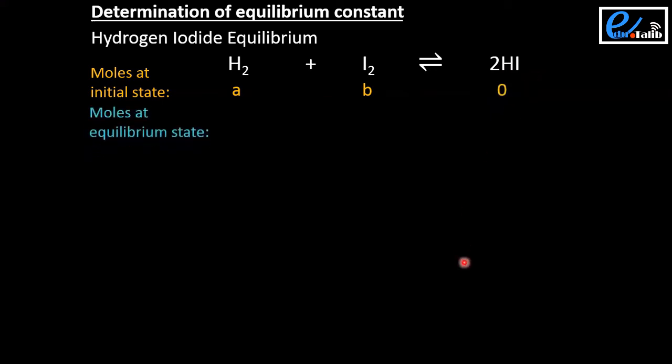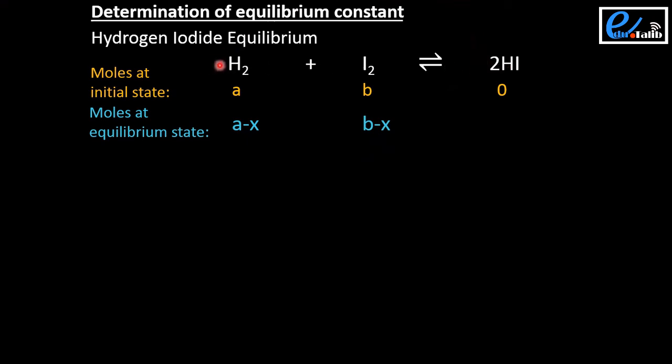Now the moles at the equilibrium state. Of course, X moles of hydrogen are consumed, so the remaining moles of hydrogen after equilibrium is A minus X. For the iodine, the same number of moles, X, would be consumed, so the remaining moles of iodine would be B minus X. And for the product, 1 mole of hydrogen produces 2 moles of hydrogen iodide.